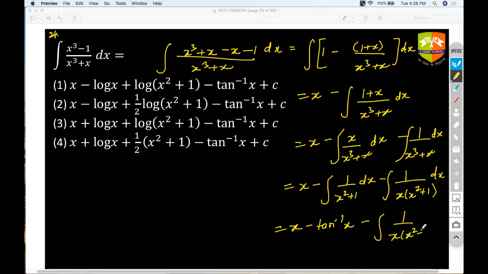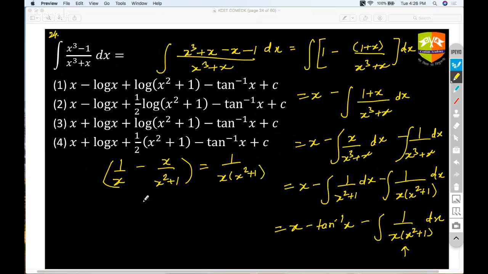So let me save my time and see if I could find an expression with x and negative tan inverse x. I think most of them have the same combination, so this is not going to help me out. So I'm going to work on this expression. I can write that as 1 by x, and I don't need to go into complete partial fractions because by observation we can split it up like this, right?